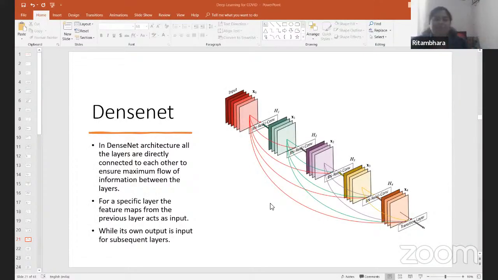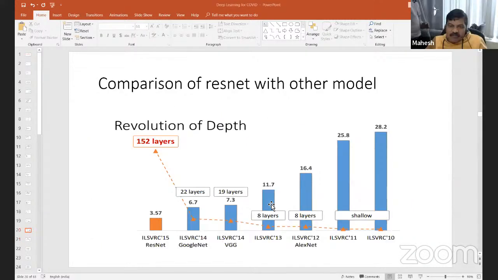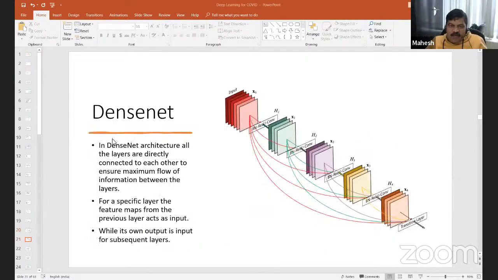You can see there is an improvement in the error because of using more and more layers. So DenseNet means the number of layers is more. Previously only this much of the model was there.